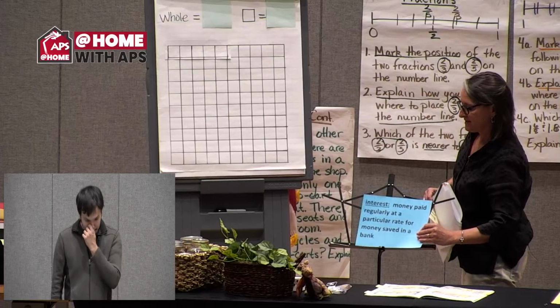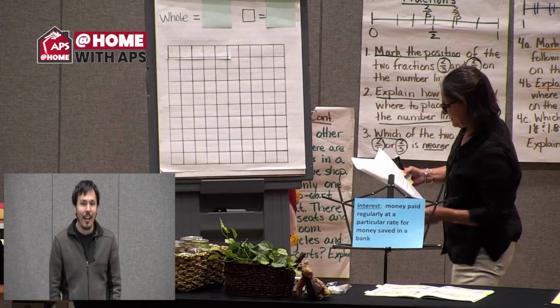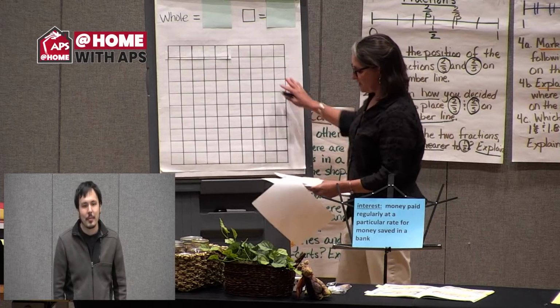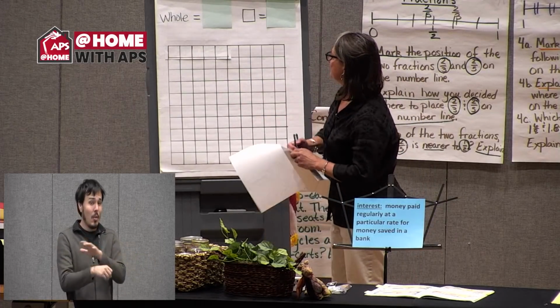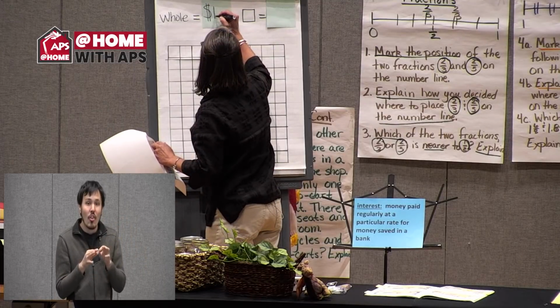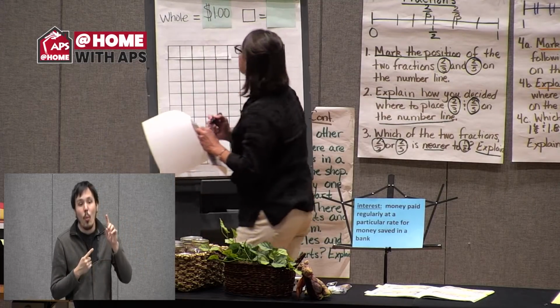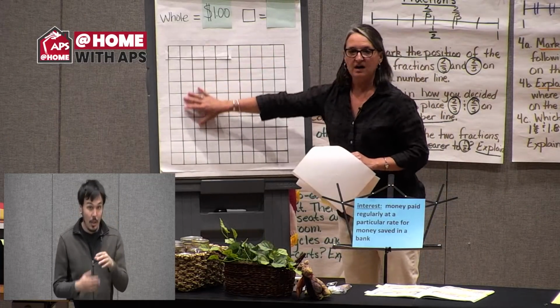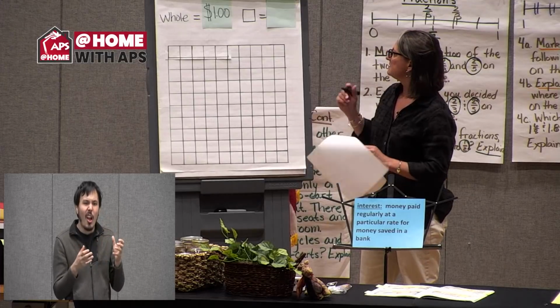We've lost our interest. Not really. Okay, so this represents our whole dollar, right? So the whole thing is worth $1. Okay. And this dollar is made up of a bunch of units, 100 units.